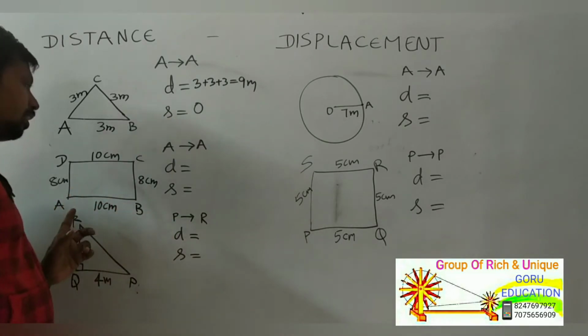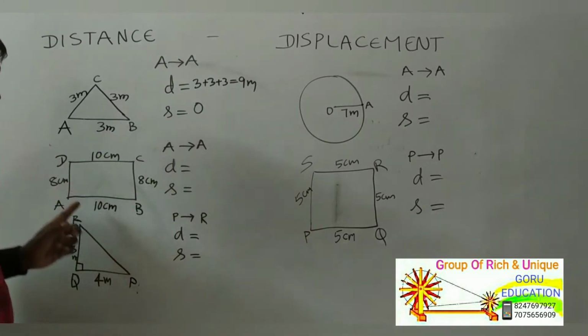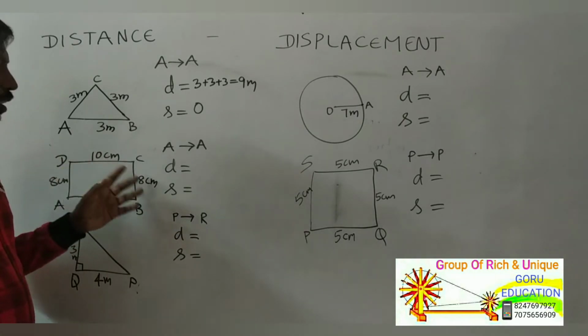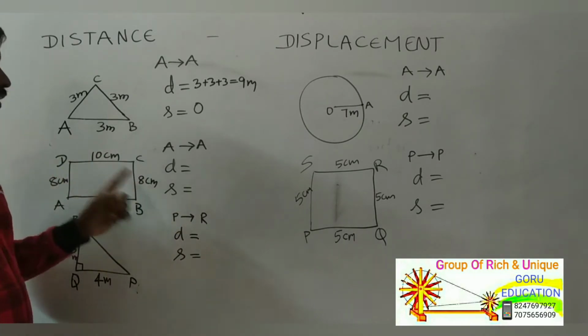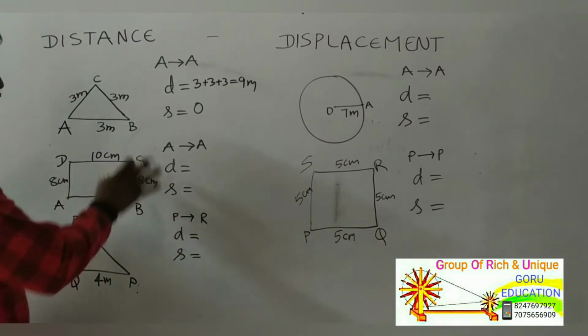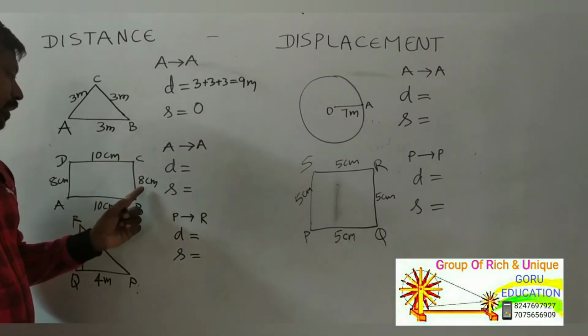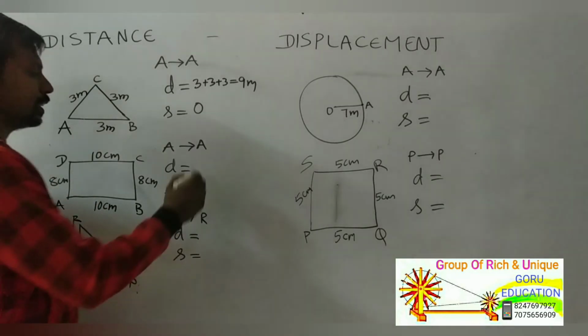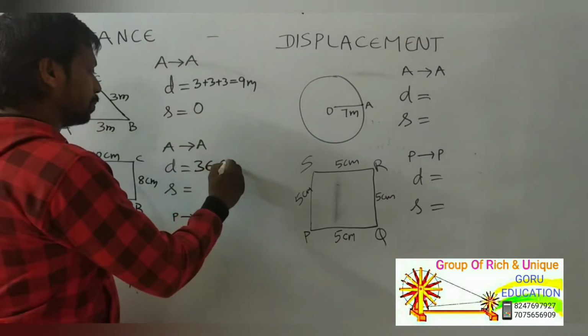Next one, ABCD with opposite sides 10 centimeters, 8 centimeters, 10, 8. What is the A to A distance? Here distance means sum of 4 sides, 10 plus 8 plus 10 plus 8, 36 centimeters.